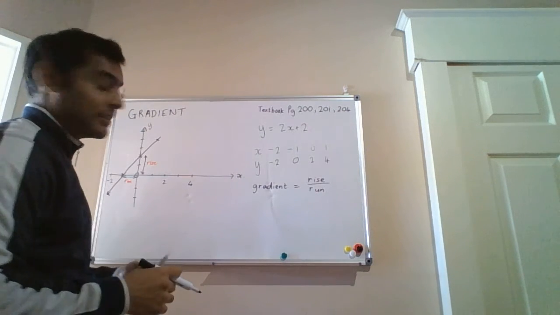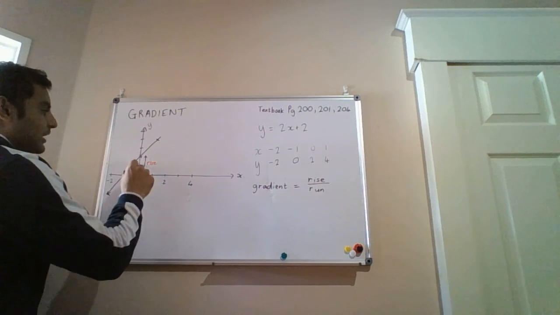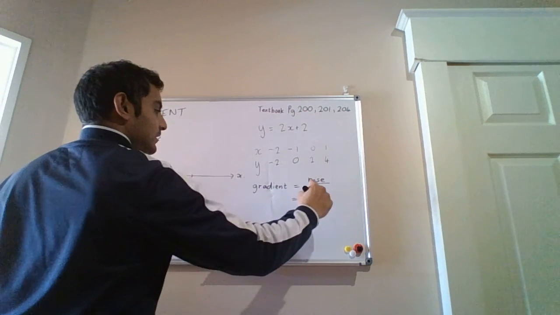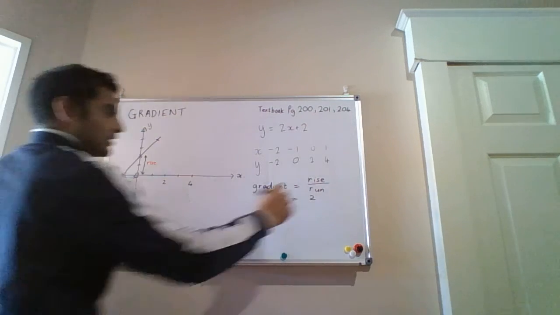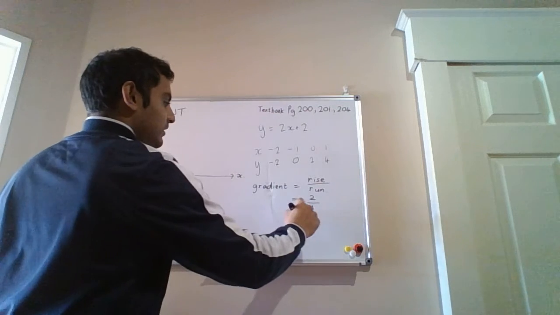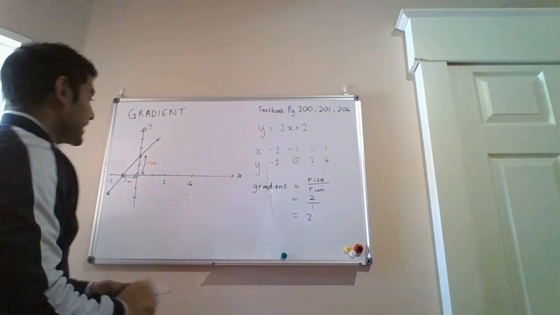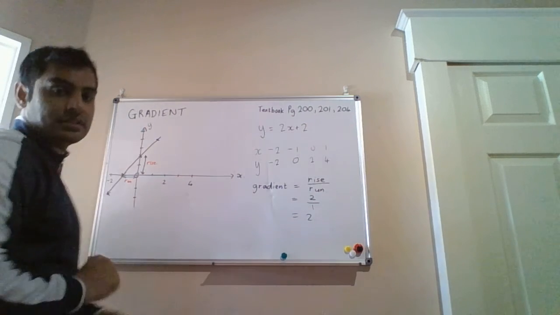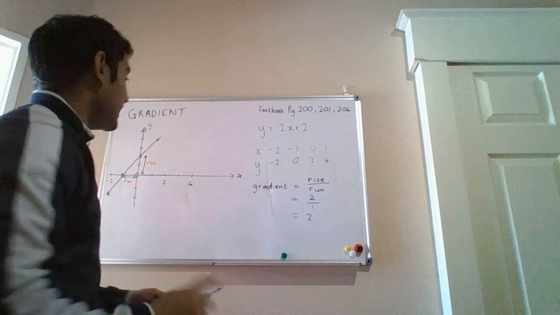Okay, now if we calculate it, the rise is 1, 2, and the run is 1. So our gradient is 2 over 1, which is 2. I just happen to pick these 2 points, but we can pick any 2 points we like.